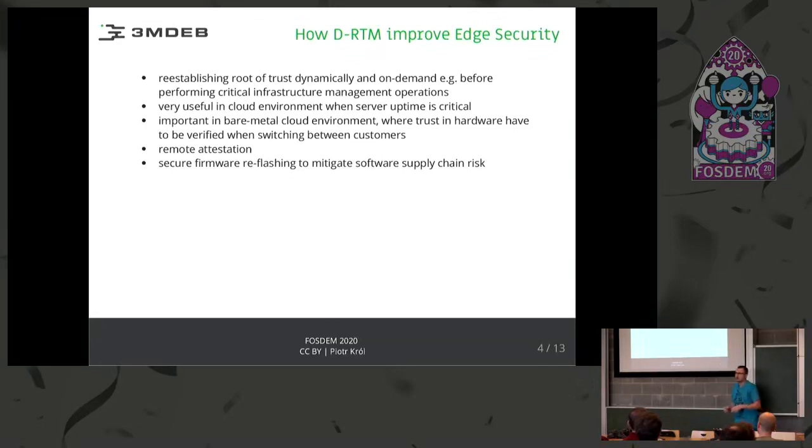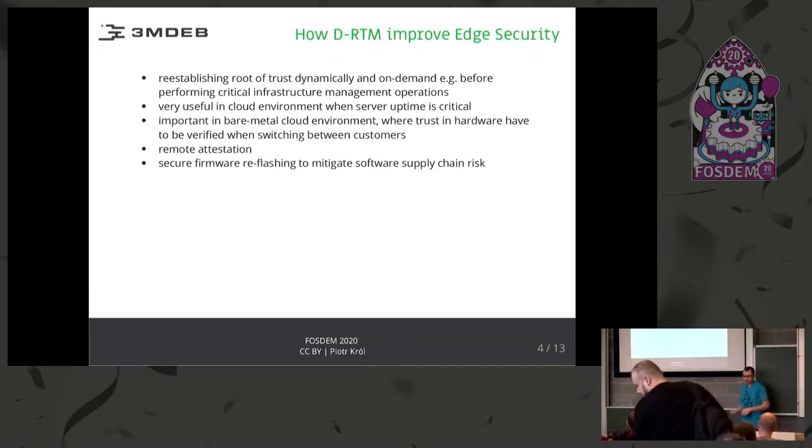When we have a bare metal cloud environment, of course, the vendor provides the service for someone, then this customer uses it, then releases that platform, and we want to pass it to another customer. But we want to make sure that the hardware was not compromised. So we need some mechanism that can re-establish trust in that bare metal cloud component that we pass to another customer. We also want some remote attestation.